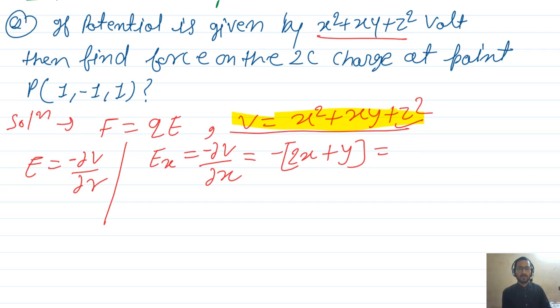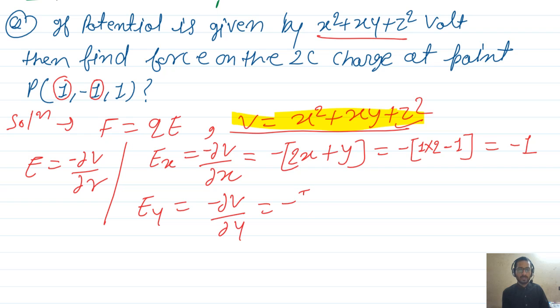Put the value of x as 1 and y as -1, so negative of 2 minus 1, which gives -1. We solve Ey the same way. Then negative del V by del y is negative of 0 plus x plus 0, because z and x are considered constant when we differentiate partially with respect to y.